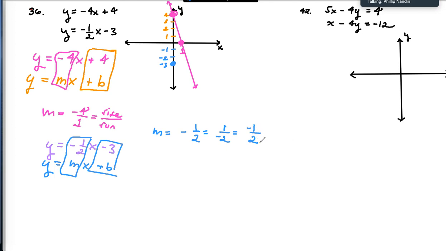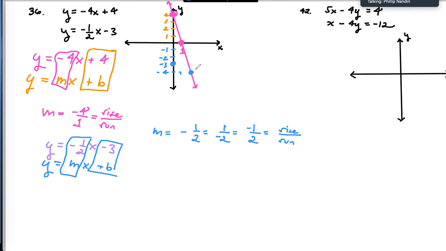Well, it's up to you, really, but I have a sneaking suspicion of one that I want to use. Well, let's see. If I go down 1, and then I run 2, it looks like I'm going to wind up at this point right here.